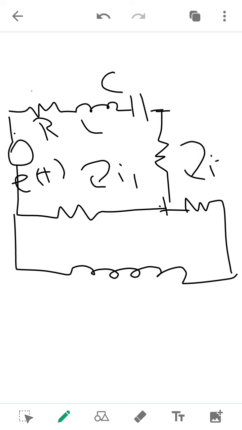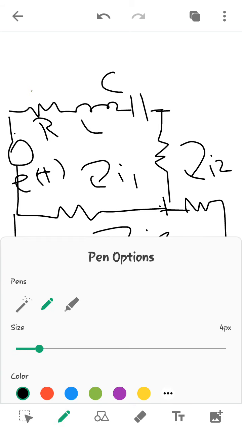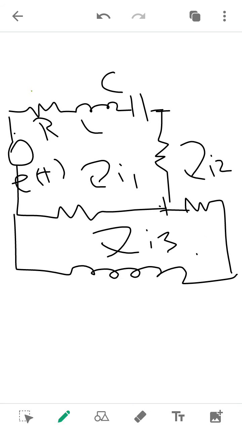This one is my second mesh, this one is my third mesh. So I am having one L3 here, and here I am having one L2, I guess.